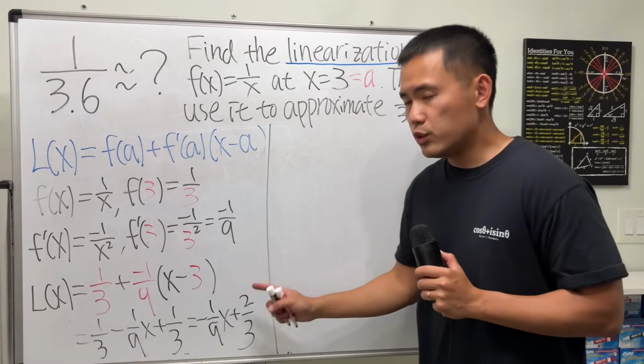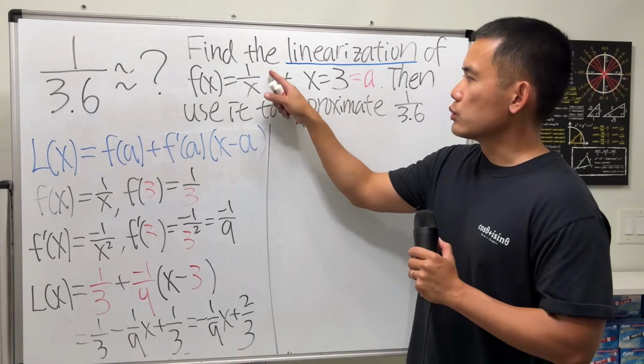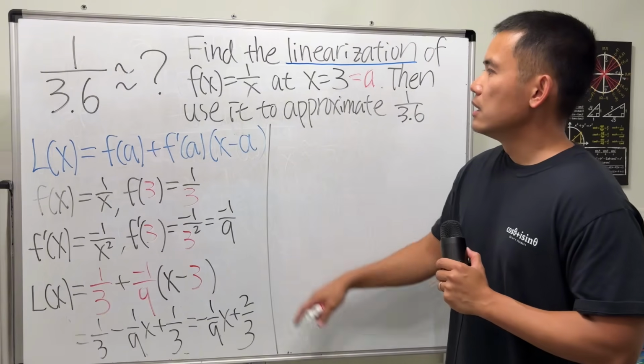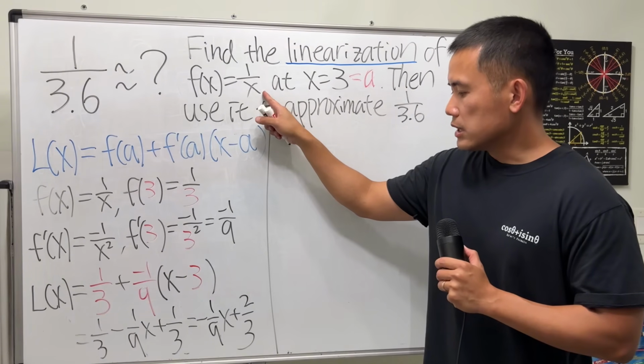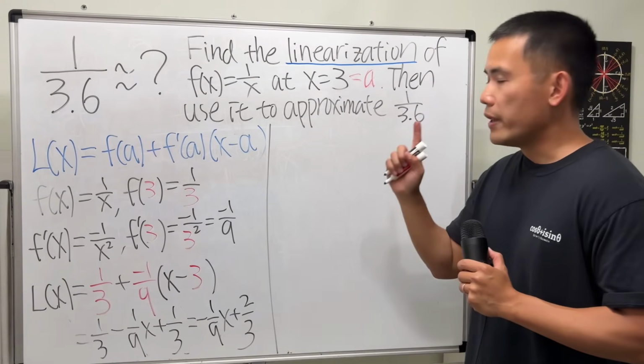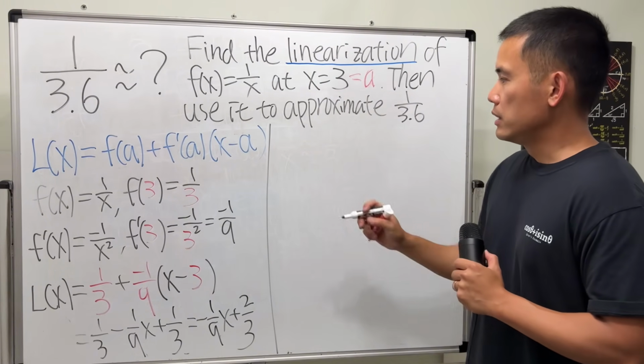But what does this really do though? Well, here's the idea. Our function is 1 over x, which is just a curve. But what we are saying is, this function is pretty close to our linearization here when x is around this value, which is 3. Let me write that down.